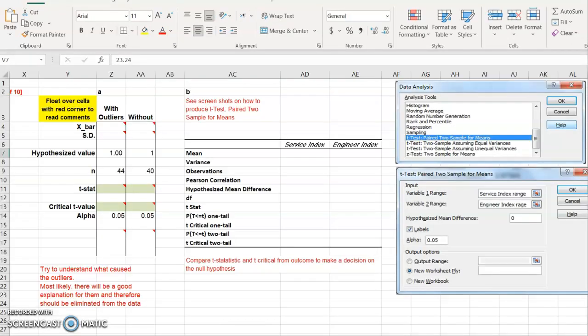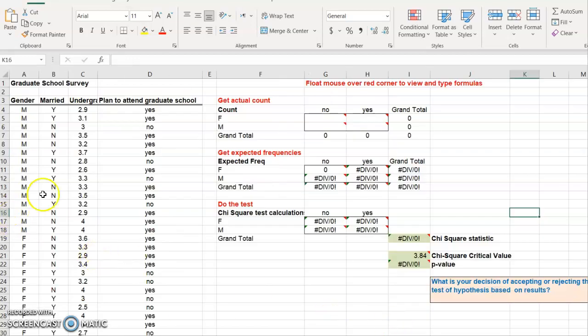The way to go about that, you're given the data here on the left side, and you will create a bunch of frequencies as given. The count is the frequency. You will count how many said no, how many said yes, how many females and males, and you got the formulas over here, and you will compare the frequencies according to the table, and you will try to make a decision.